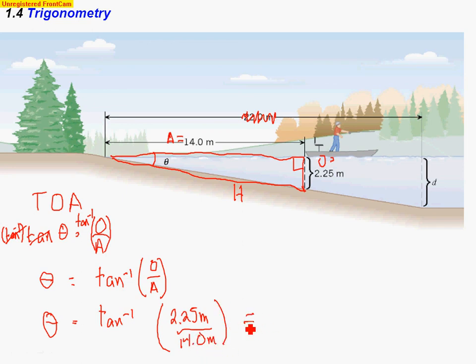And if you punch that into your calculator, that works out to be about 9.13 degrees. Make sure your calculator is in degree mode, not radian mode. Otherwise, it's going to give you the number of radians that equals instead of the number of degrees. We're mostly going to be using degrees in this course.